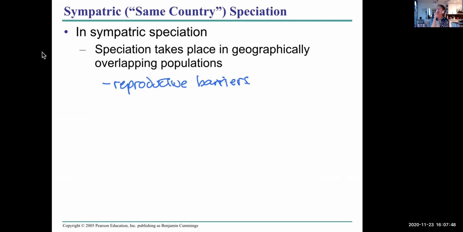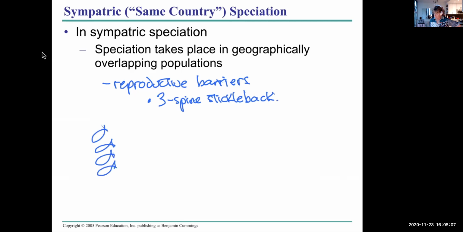So an example in BC is the three-spine stickleback. So that's a good example. So there was the marine species. Although interestingly, they have been known to speciate allopatrically as well as sympatrically.